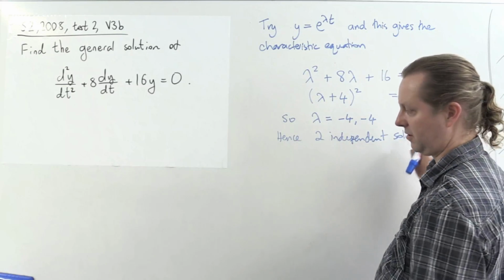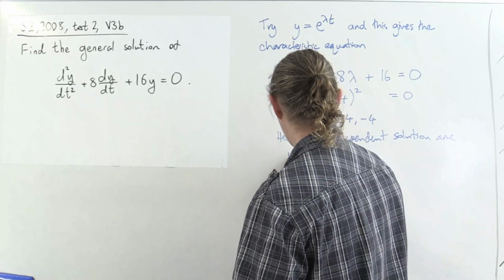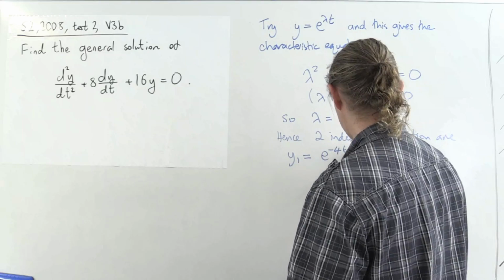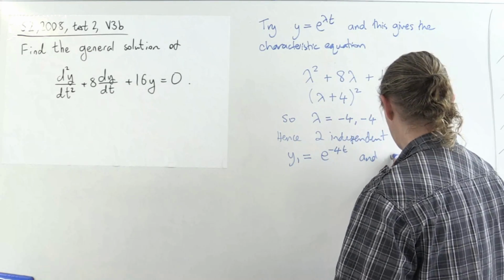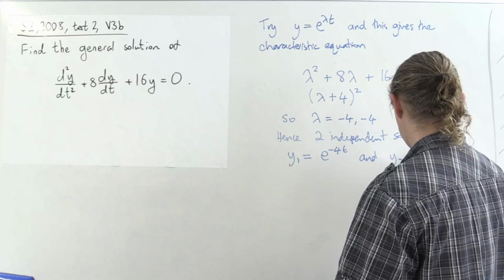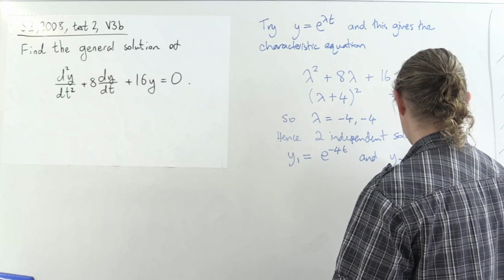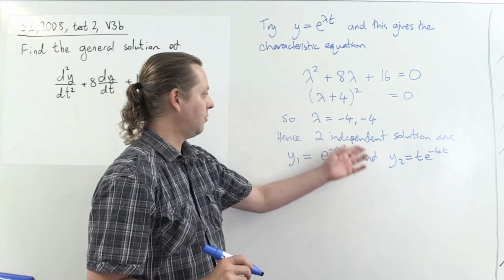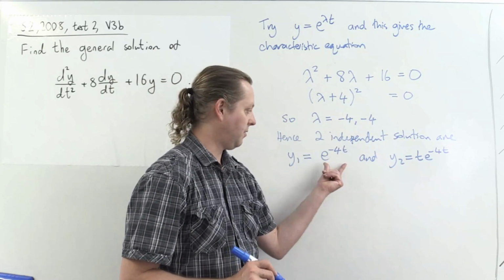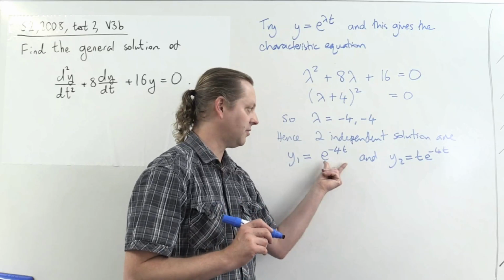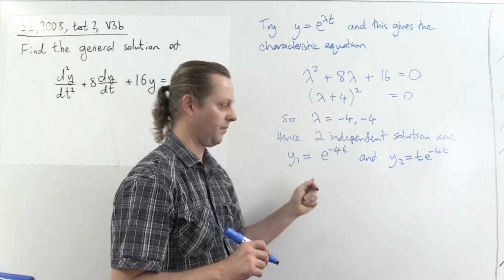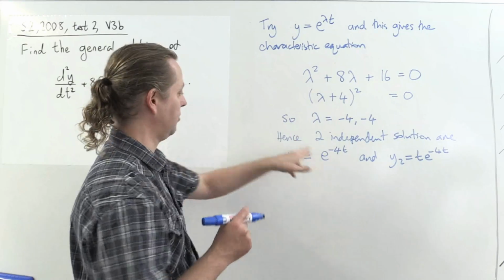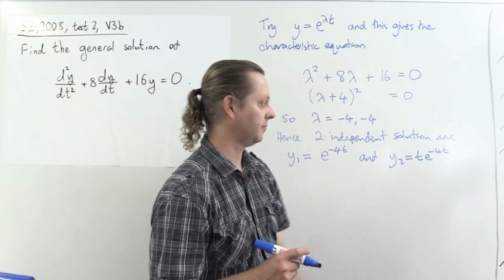You probably don't need to write this line down. y1 is e to the minus 4t, and y2 is t times e to the minus 4t. This is the standard result. When you have a repeated root, you have one solution that you found, and then t times that solution is another solution. If the root was repeated triply, if you had perhaps a third order equation, then you would also have t squared times that.